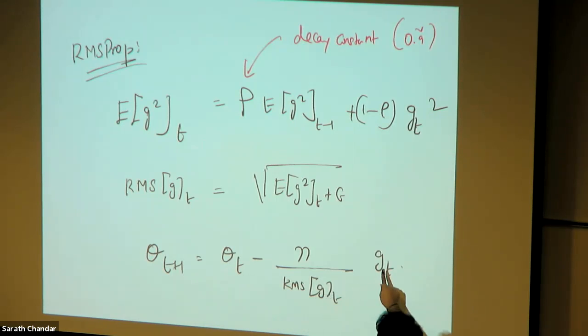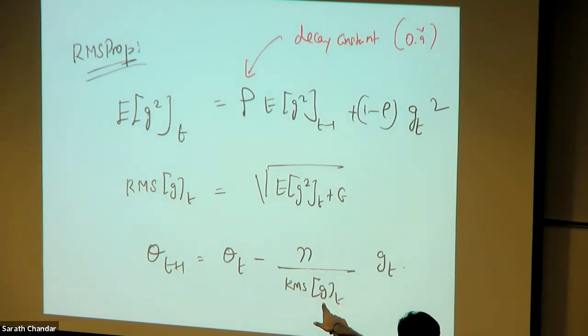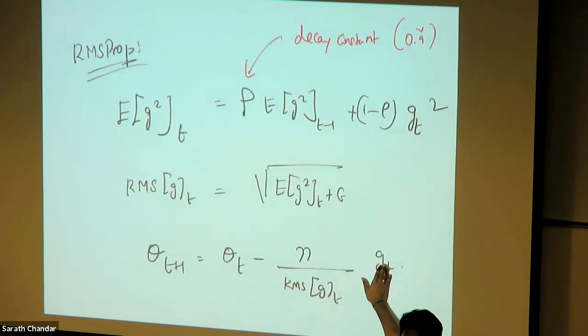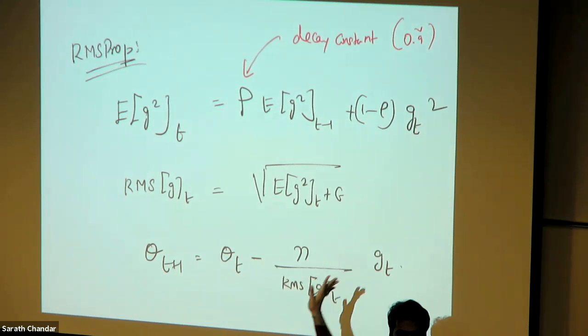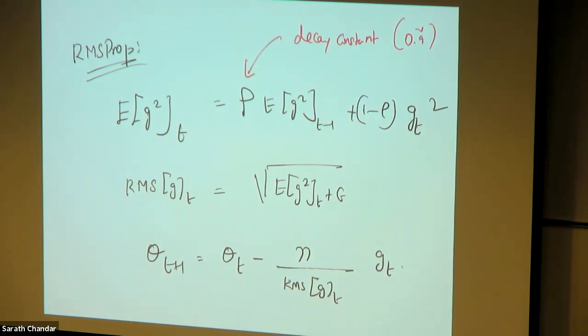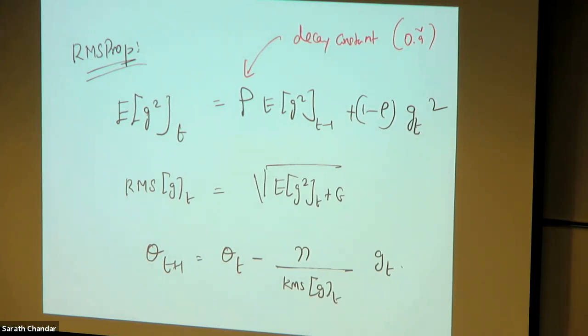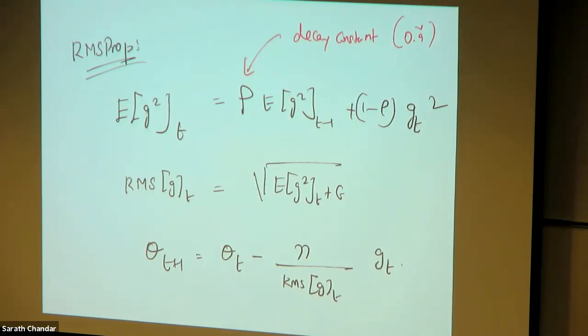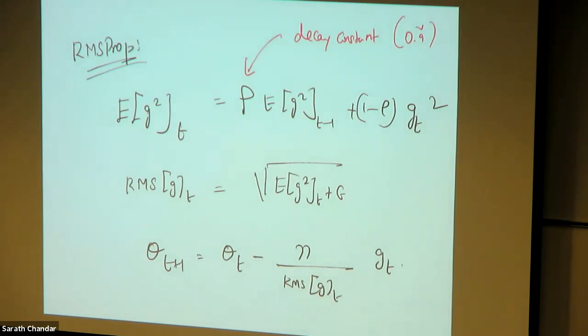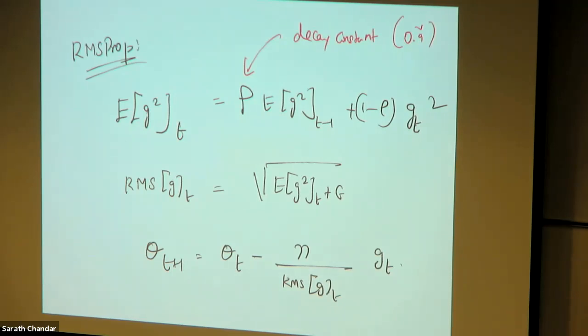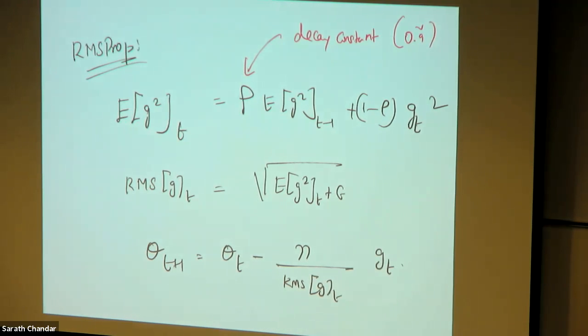Now here you have 1 by unit, and you also have the root mean square of the gradient, which is also another 1 by unit, right? So these two things cancel each other. So this whole update is unitless. Okay, so both RMSprop and Adagrad actually are unitless. Is that clear?